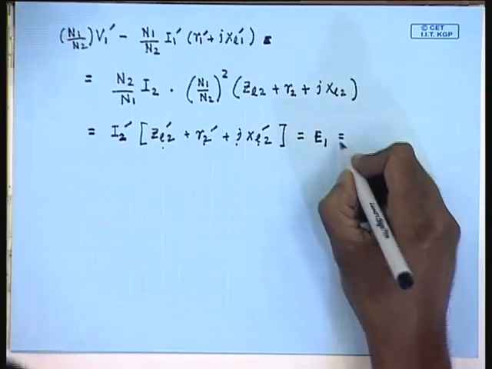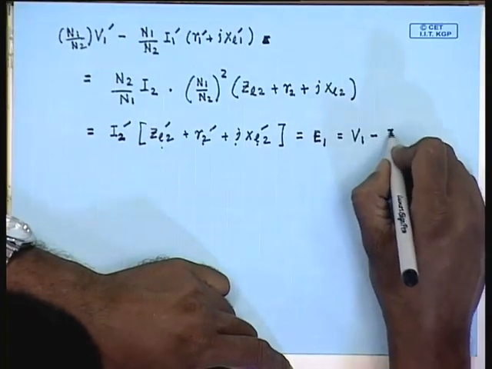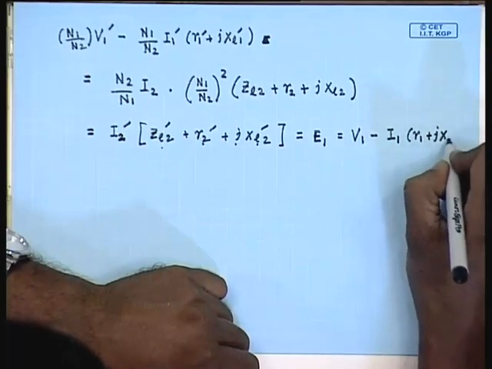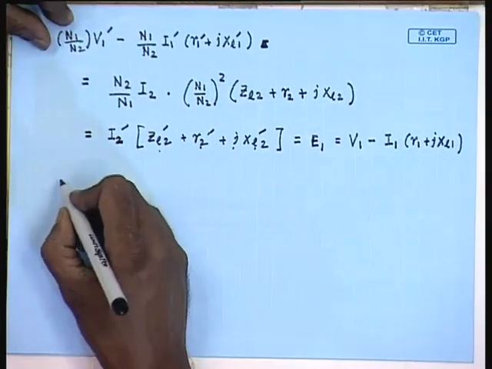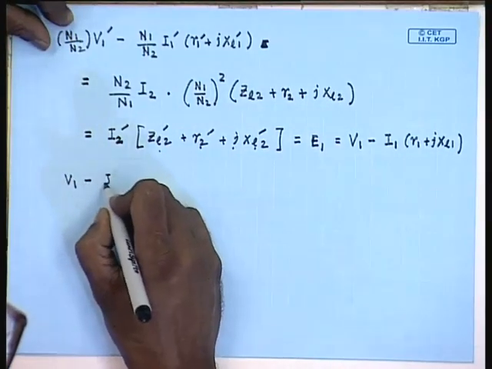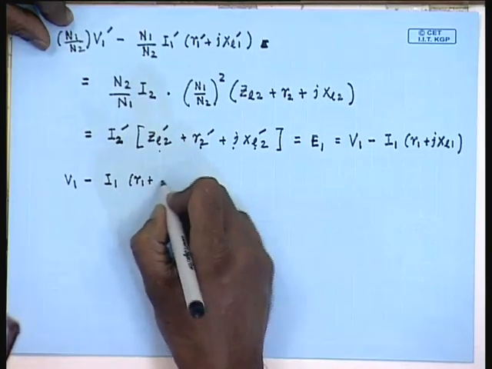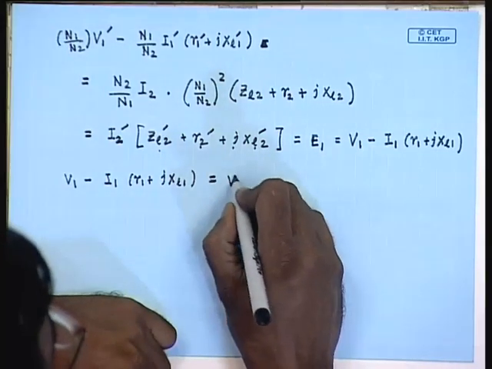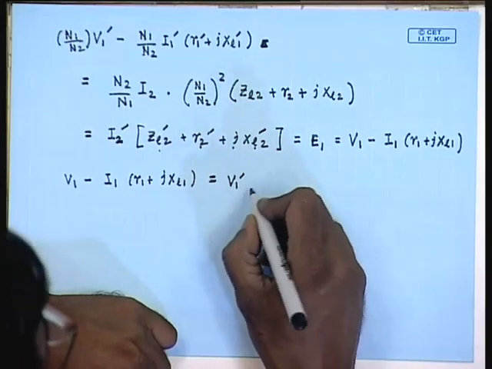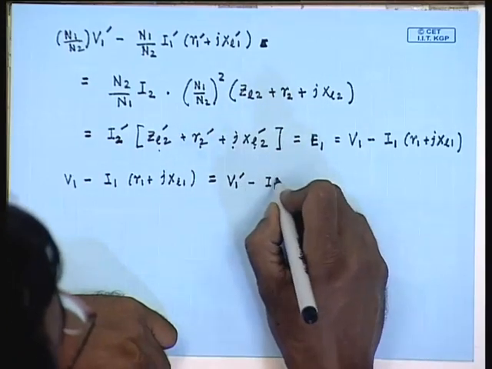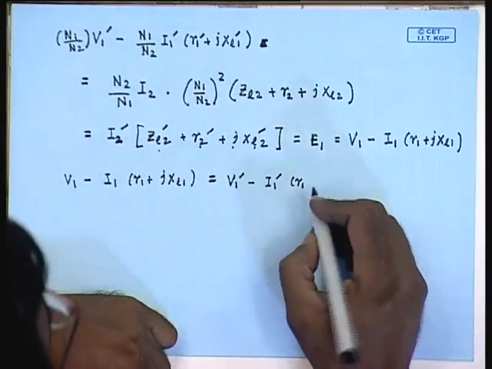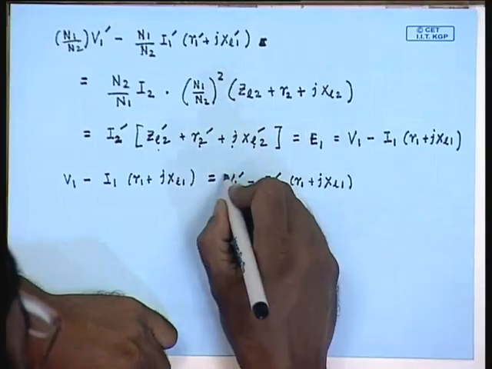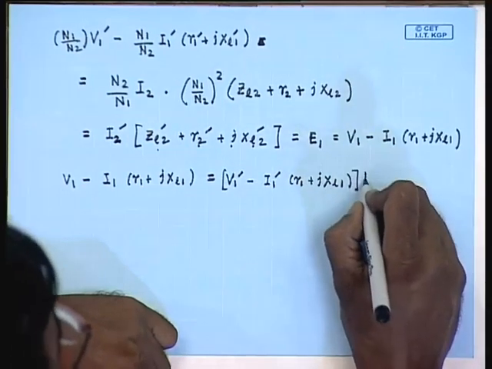and is given by V1 minus I1 into R1 plus jXL1. Therefore, V1 minus I1 into R1 plus jXL1 equal to V1 dash minus I1 dash into R1 plus jXL1 into N1 by N2.